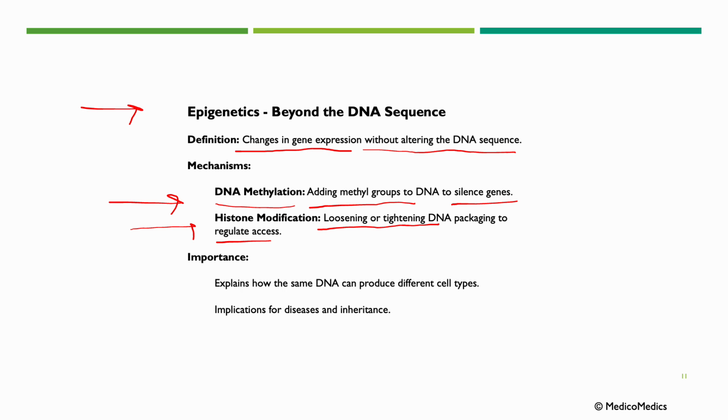This explains how the same DNA can produce different cell types, and it has big implications for diseases and inheritance. So epigenetics is like adding bookmarks to our cookbook, right? Highlighting some of the recipes and hiding others.